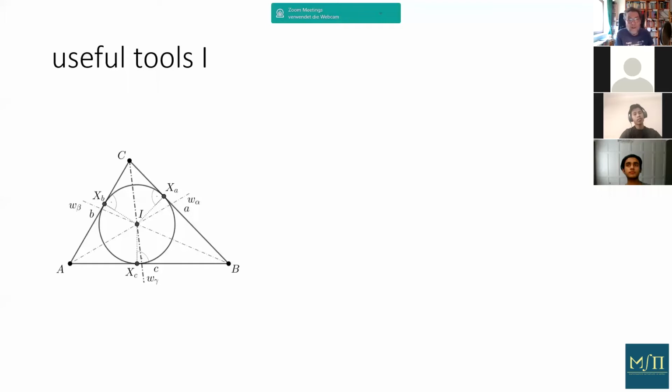So first of all, we have the concept of the incircle of a triangle. Of course, the incenter is the point in which the inner angle bisectors intersect, and we have the inradius, which is of course the common length of the perpendiculars that we can drop from the incenter to the sides.